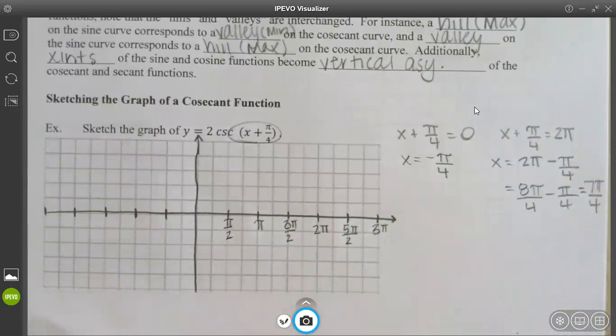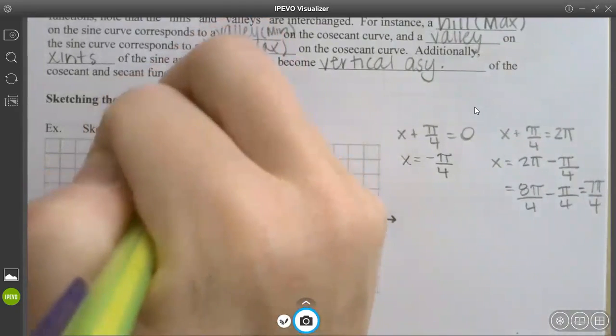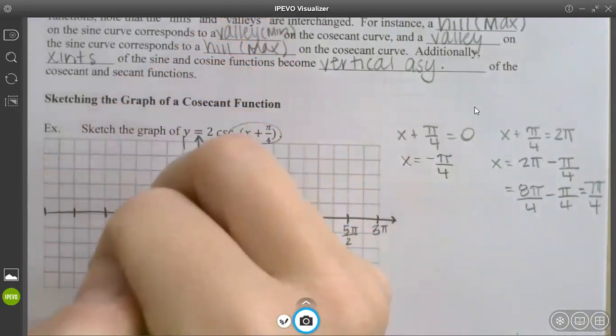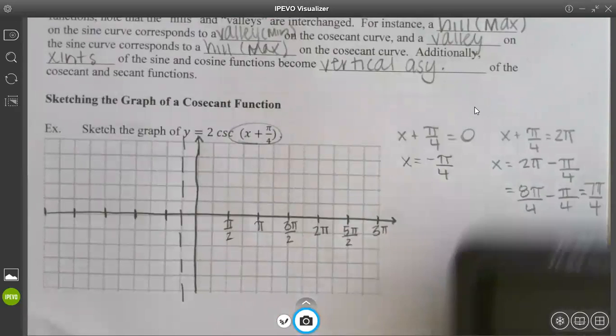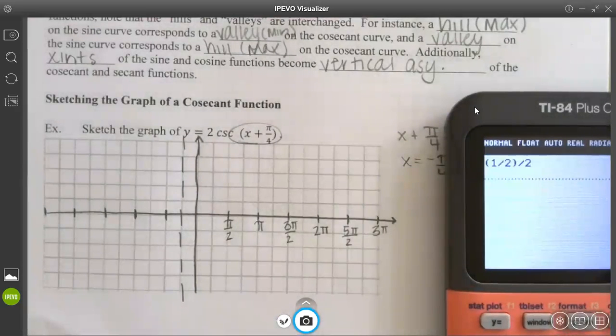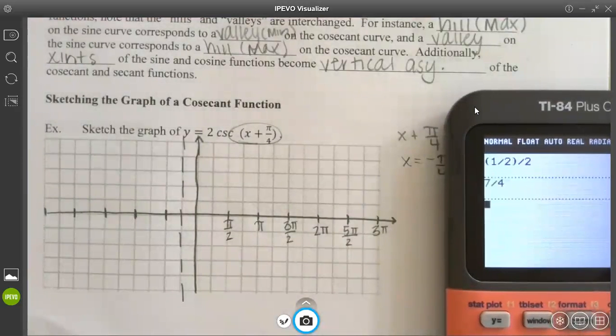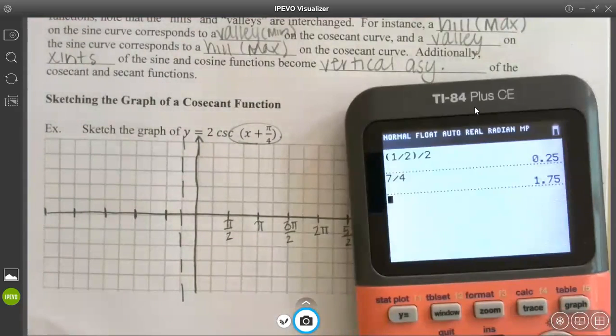Where were your vertical asymptotes? So there's negative pi over 4. Where is 7 pi over 4? What is 7 over 4? Seven over 4 is that.